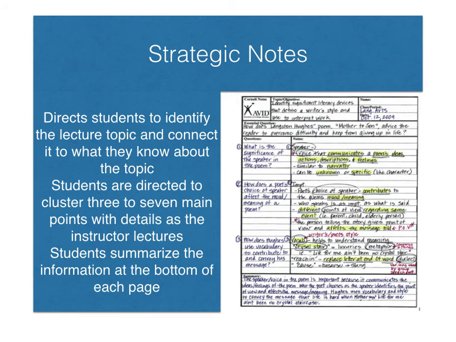The use of strategic notes is a key that helps unlock the barriers to acquisition, proficiency, and fluency of knowledge and comprehension, because attention is enhanced because the students are actively engaged.